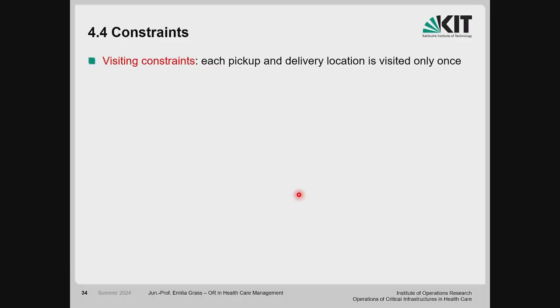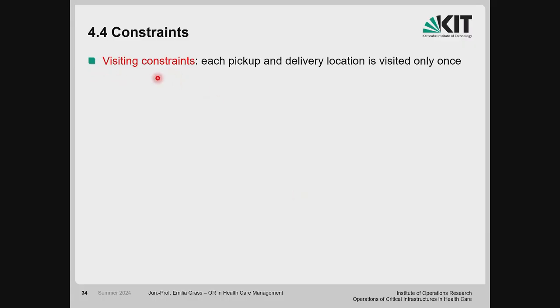Then we have these kind of constraints in the model that are not formulated in algebraic form here, just to have it verbally. So visiting constraints: each pickup and delivery location is visited only once. So the question is, was it the same in the static problem? Can you remember that when you think about the constraints?